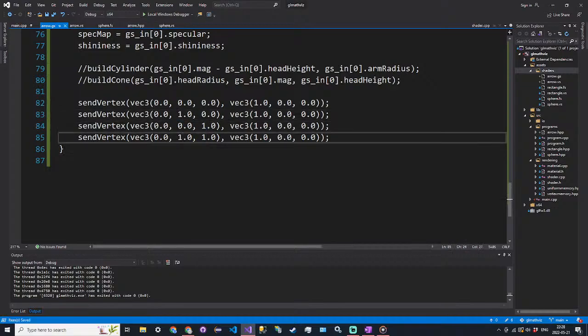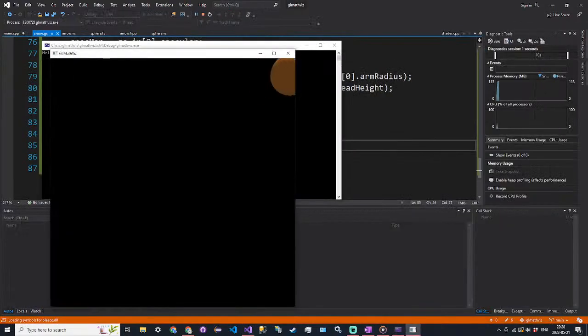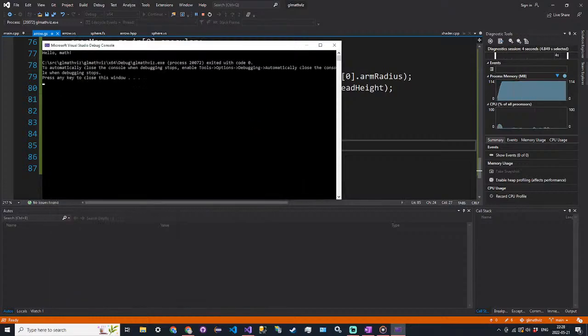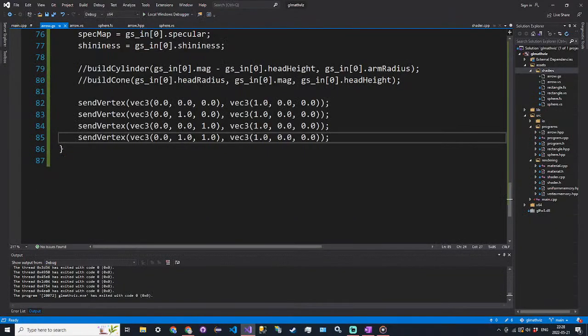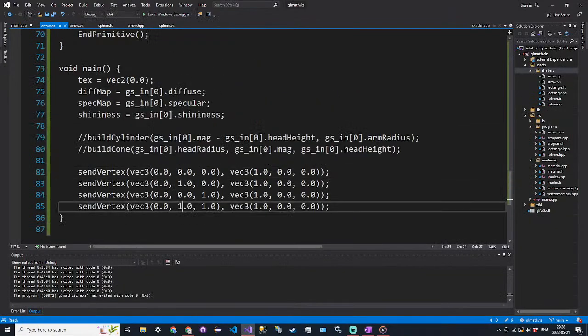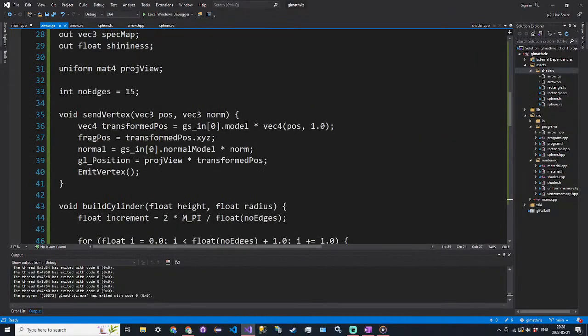All right, let's run this to see if it's rendering a rectangle. Okay, it's not getting to the geometry shader.